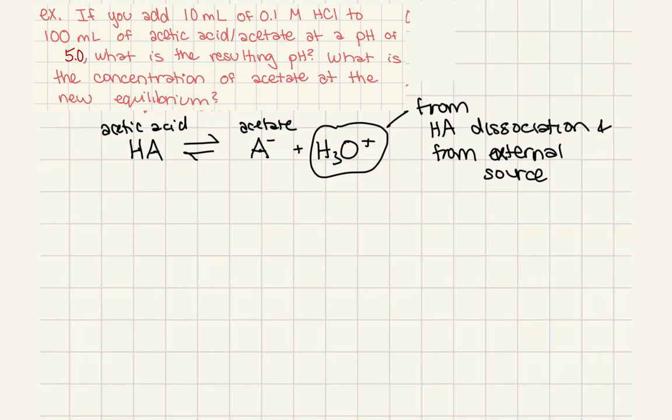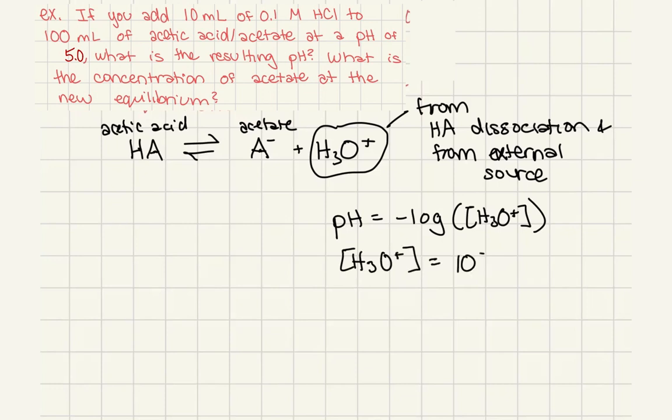So remember that relationship where we have the pH equals minus log of our H3O plus. So we can then say our H3O plus is equal to 10 to the minus pH.